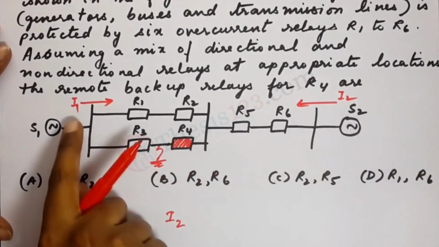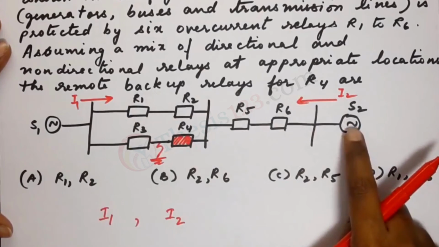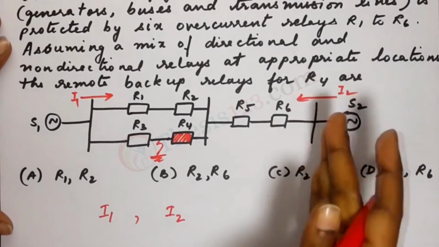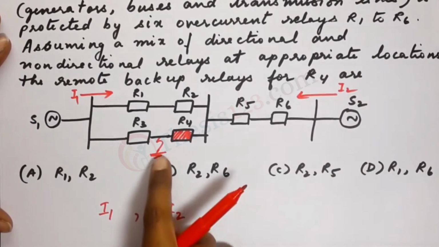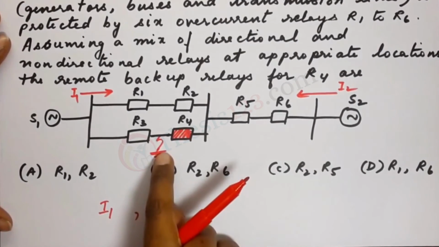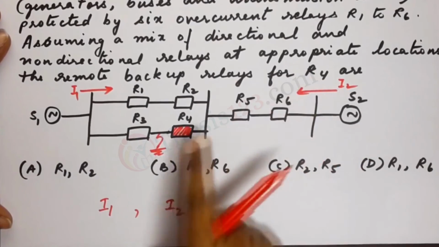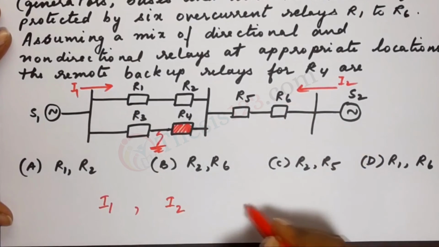So in order to limit I1, R1 must operate. And in order to limit the current I2, R6 must operate. It's the very first relay that needs to operate. So if any fault occurs and a certain relay fails, according to this question, if R4 fails, then R1 and R6 must operate.